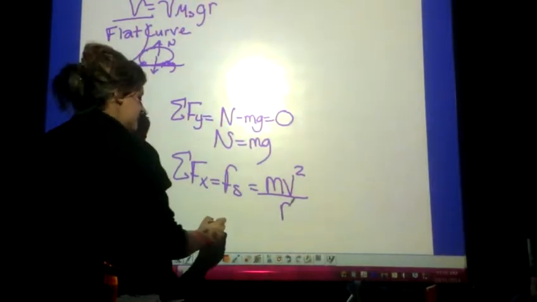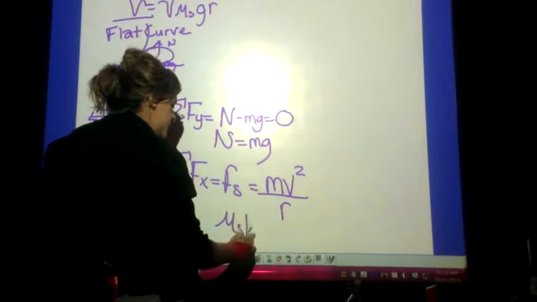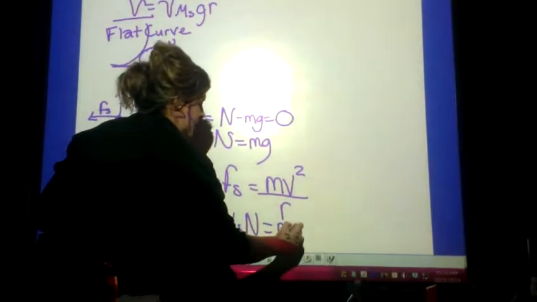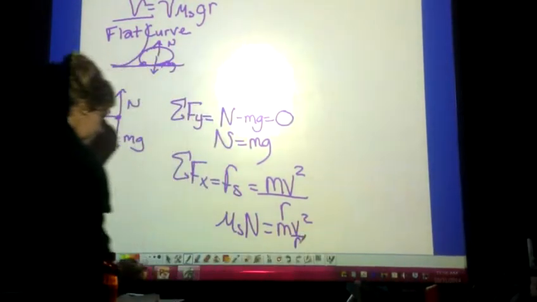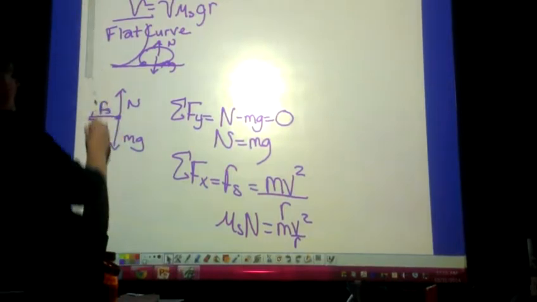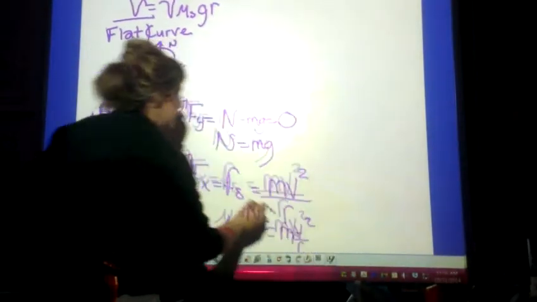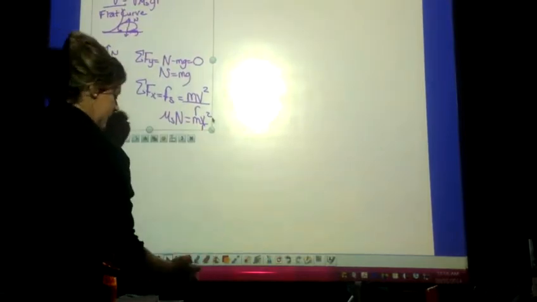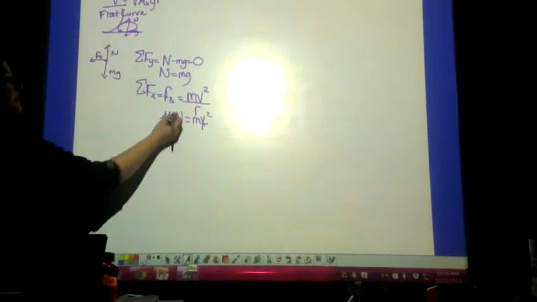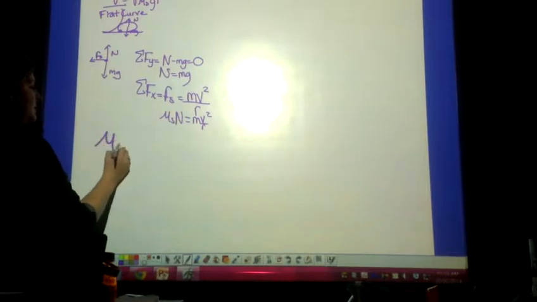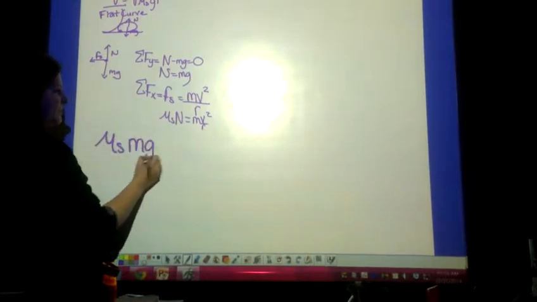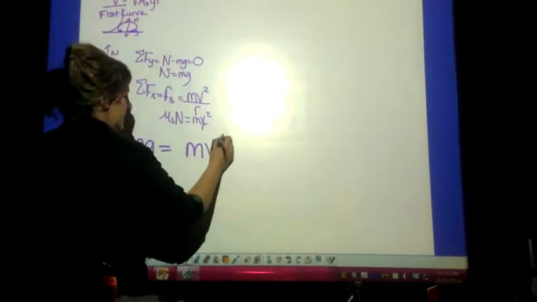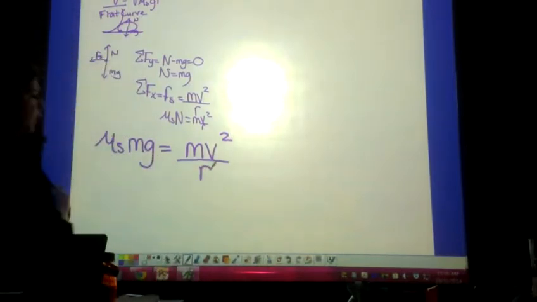Static friction is equal to mu s times the normal. That equals mv squared over r. I know that the normal is equal to mg, so I could say mu s times mg equals mv squared over r.